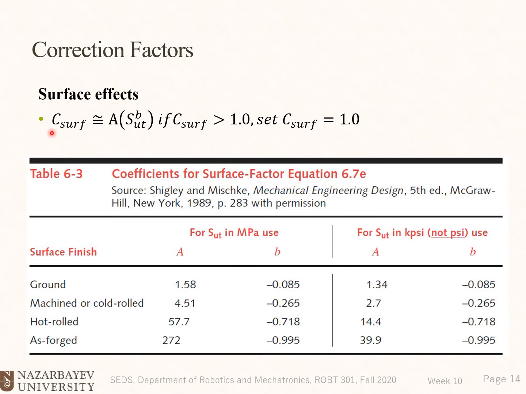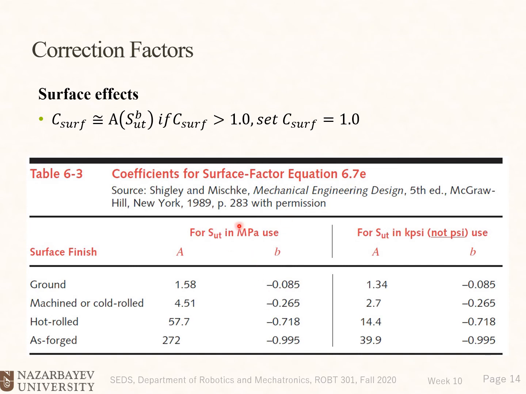So we have this formula for C surface: A multiplied by SUT, the ultimate tensile strength, to the power of B. And if C surface from this formula becomes larger than 1, then you should apply C surface equal to 1 because correction factors cannot be more than 1.